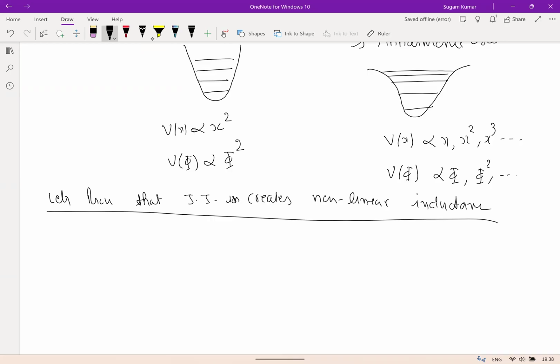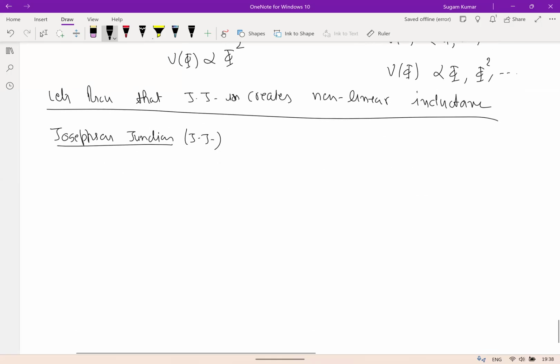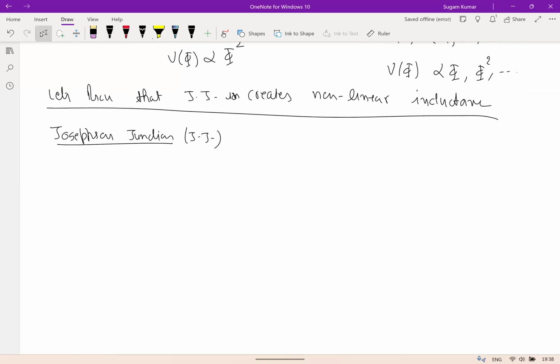So when I talk about the Josephson junction, I think I should talk a little bit about it, because this is something we're going to use.